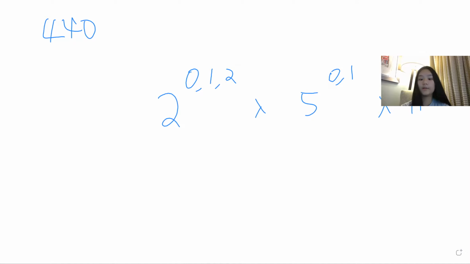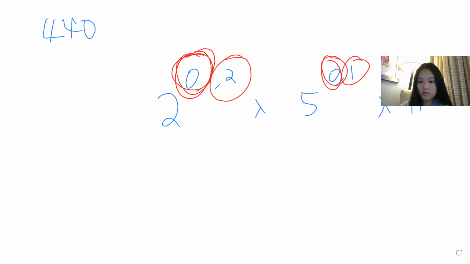Now, this is an arrangement problem because now you're just picking, let's say, 0 and 0. 0, 0, 0 gives 1. 0, 1, 1 gives 55. 2, 0, 0 gives 4. So what you're trying to do now is count how many different combinations you could get with 0, 1, 2, then 0, 1, and 0, 1 over here.